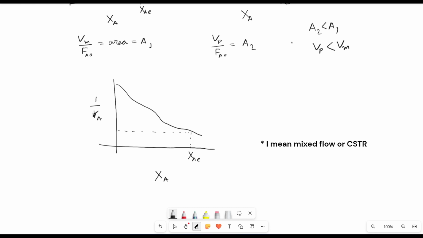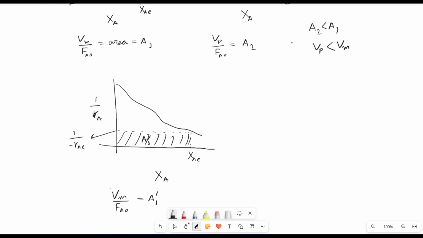This point is 1 by minus RAE. So this is the area, suppose this is A1 dash. V mixed flow by FA naught is equal to A1 dash.